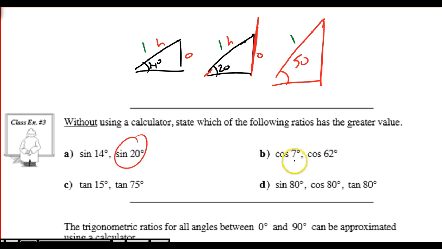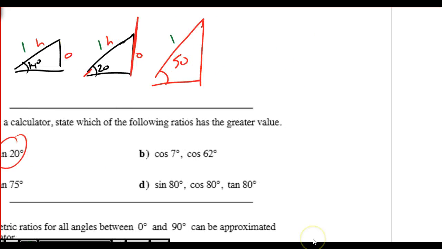Okay, let's do cosine 7 versus cosine 62. Let's again draw a quick diagram. There's 7 degrees. Now that's not a very good 7 degrees. Let me just do it more realistic here. So 7 degrees is really flat like that, versus 62 degrees. 62 degrees is going to be more like this.